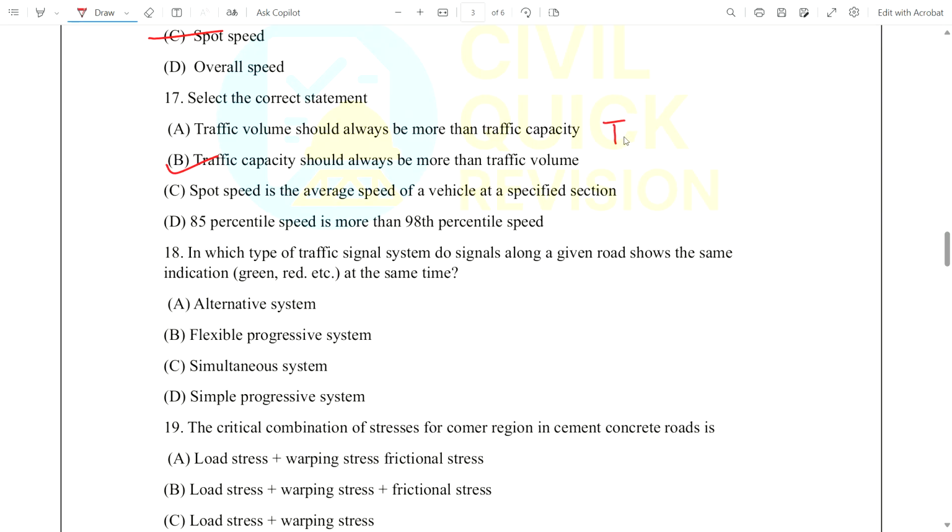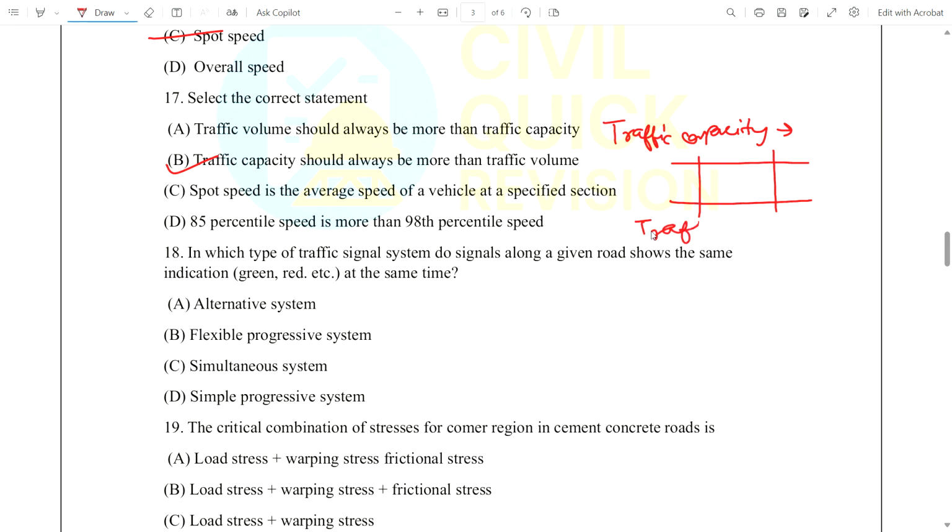As we know that traffic capacity refers to the maximum number of vehicles that a road or intersection can accommodate at a specified period, that is, how many vehicles a particular section or roadway can accommodate. And what is traffic volume?